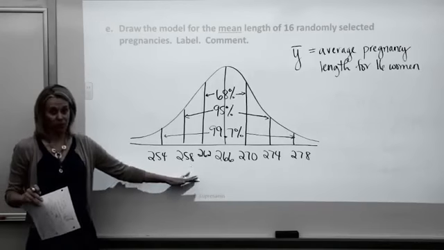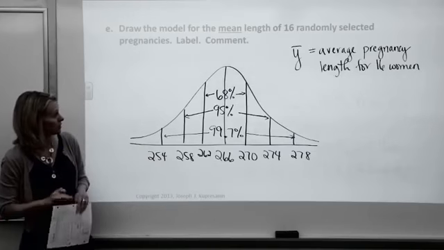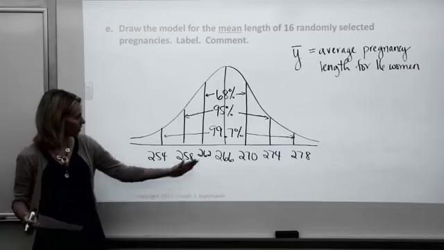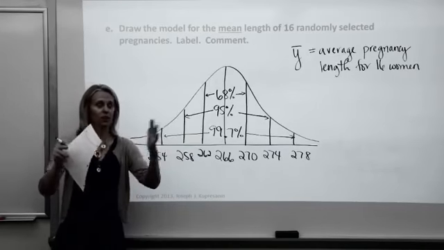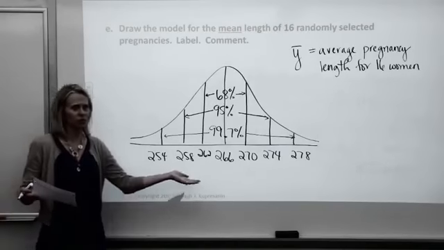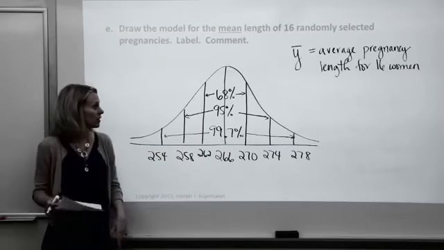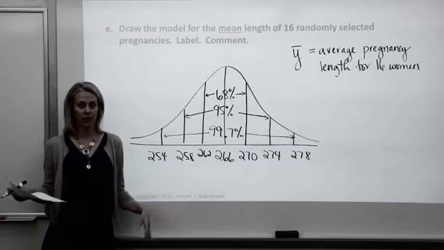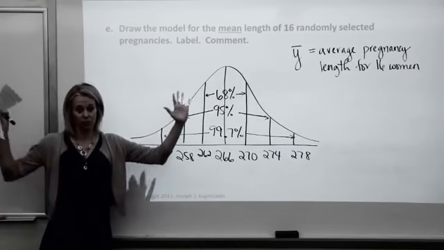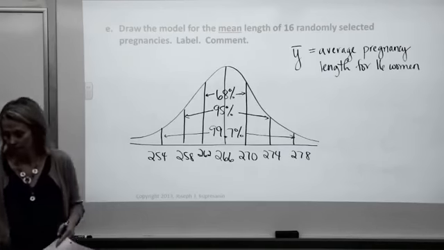This is the average length of pregnancy for 16 women, not individual pregnancy lengths. And again, centered at the same spot, but a lot less varied than it was for individual pregnancies. And it should kind of make sense too. You can imagine as you increase the number of women that you looked at, if we did this again and we sampled 100 women, the averages for 100 women are going to vary even less. This distribution would get even narrower, have less spread.